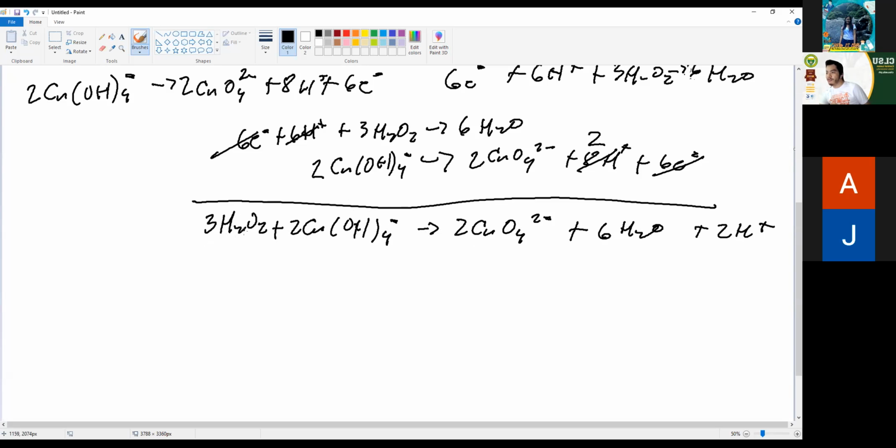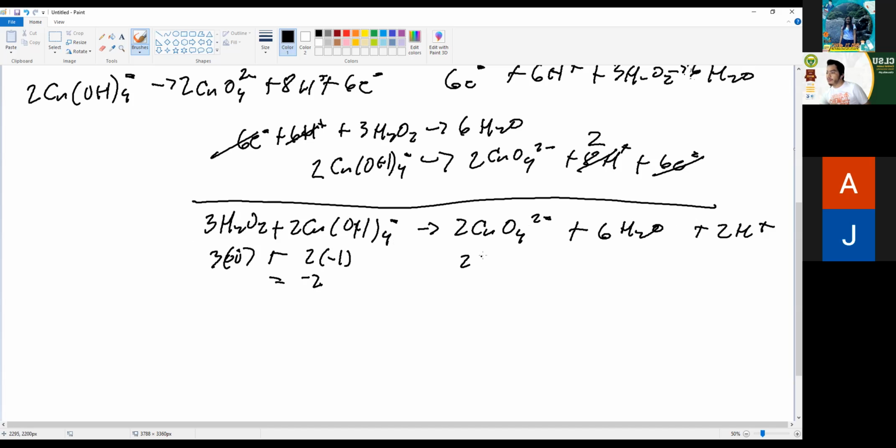So okay, oxygen tayo. So 4 times 1 is 4. Times 2, that's 8. So 3 times 2 is 6. So 6 plus 8, 14. Dito, so 2 times 4 is 8. 6 times 1 is 6. So 8 plus 6 is 14. So balance lahat ng elements. Dito, charge. So 3 times 0 plus 2 times negative 1, that's negative 2.